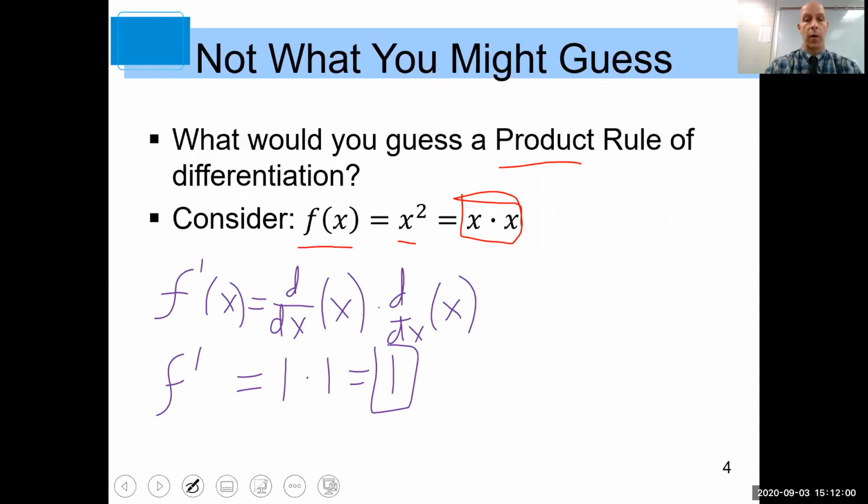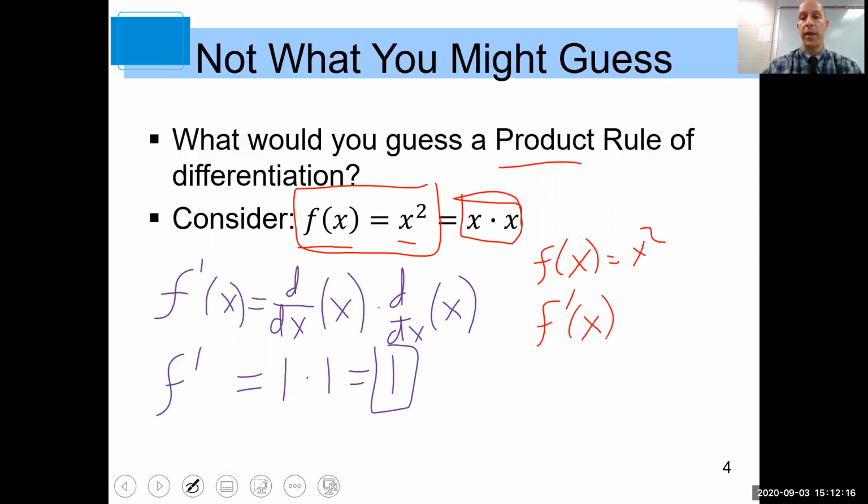Unfortunately, that would be incorrect, and I would like to show you why. Let's go back to our original definition of this function. If I have f of x equals x squared, then by the power rule that we've been studying, we bring the 2 down in front, leave the x alone, and subtract 1 from the exponent, so that becomes 1.